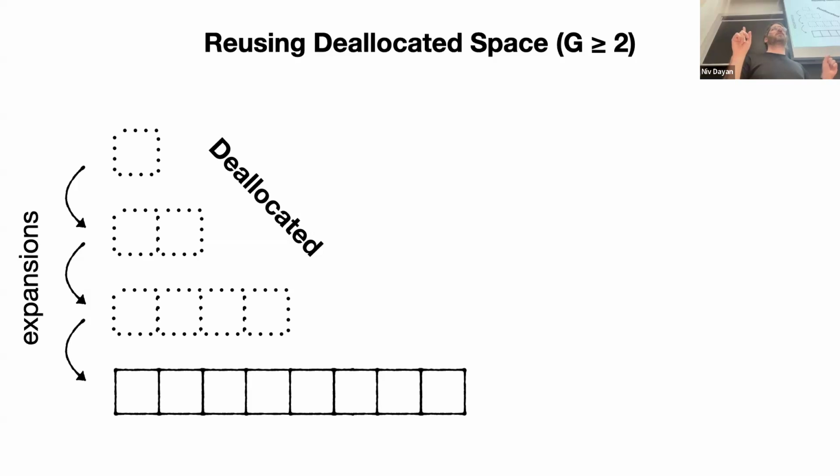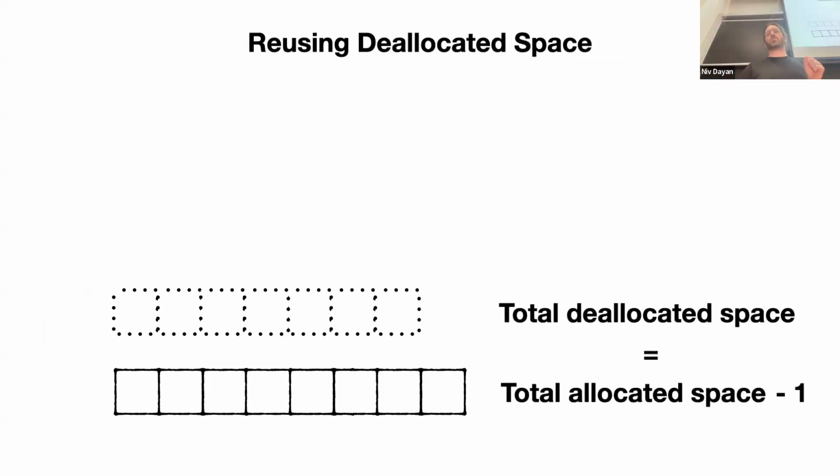There's a particular problem I want you to see. What can you say about the size of the new array relative to the cumulative size of everything that you've previously allocated? Yes? It's always one bigger. Exactly. It's always one bigger in the case of a size ratio of 2.